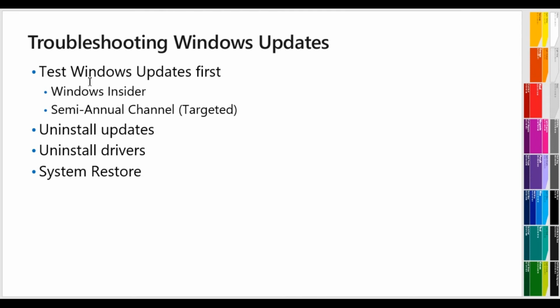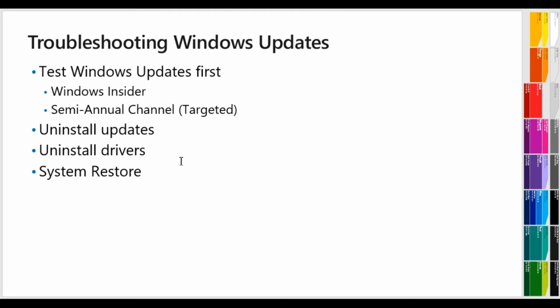Troubleshooting Windows updates. To test Windows updates first: Windows Insider, semi-annual channel targeted, uninstall updates, uninstall drivers. It's saying that sometimes an update may make some problem. So we need to uninstall some updates, and you can check whether certain Windows Insider or semi-annual channel updates are making any problem or not.